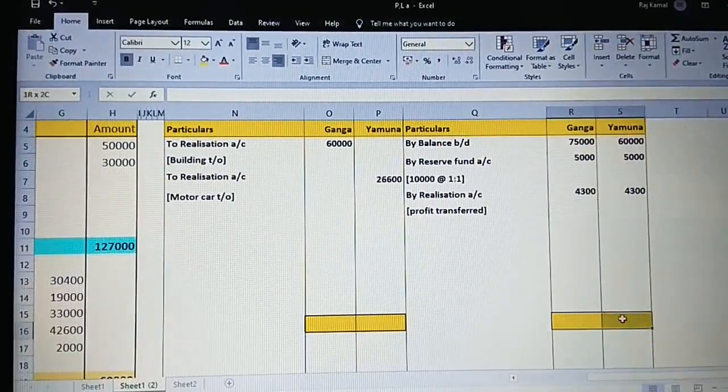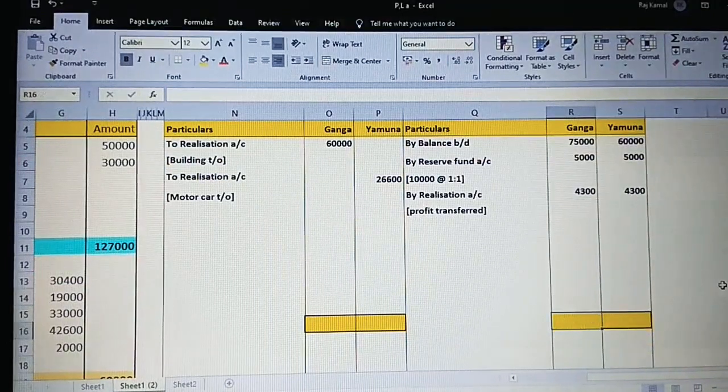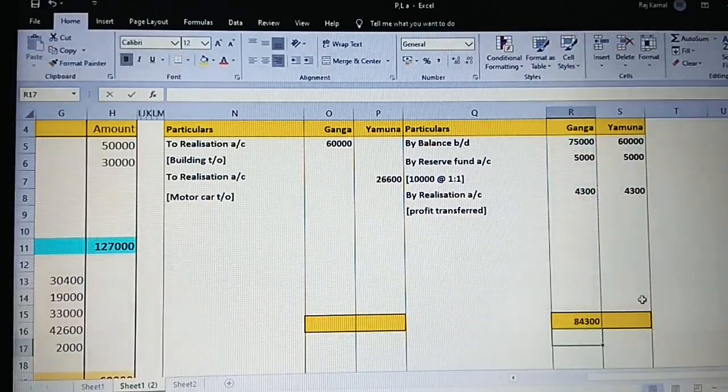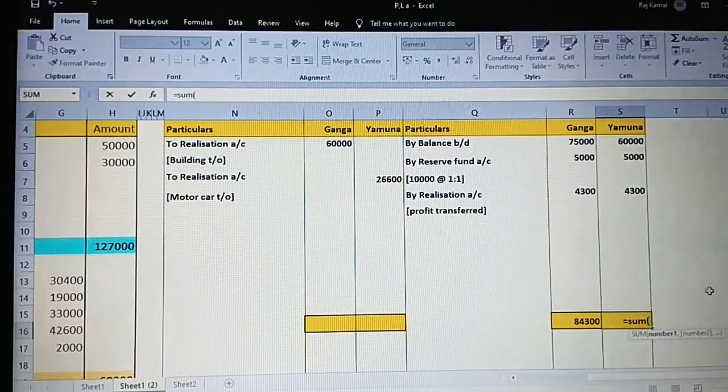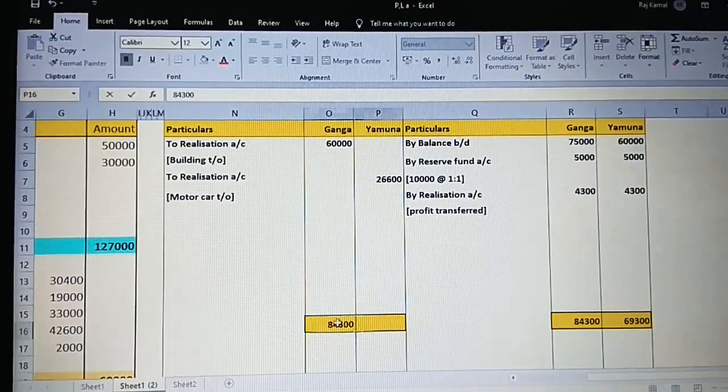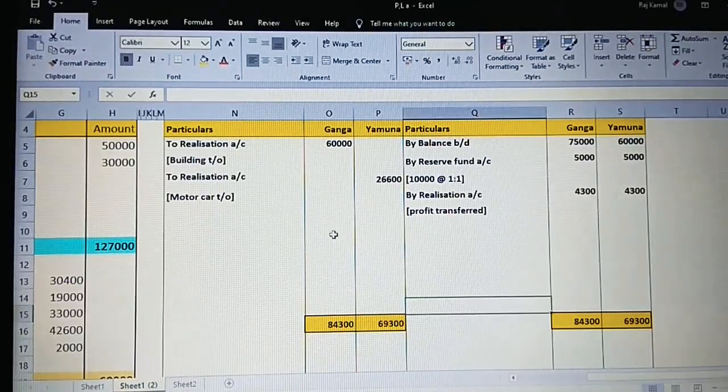Now let us just take the total. I guess the credit side only is going to be greater. Just by observing we can find out, right? Yes, so we are going to find out the same for Yamuna as well. So it's going to be 84,300 and 69,300, the total on the credit side.